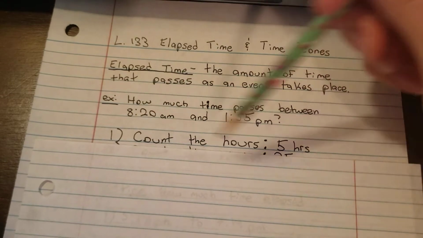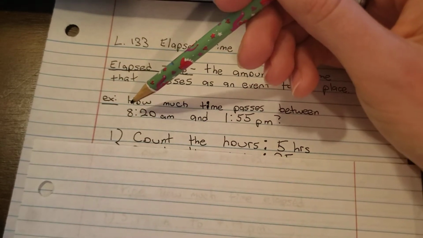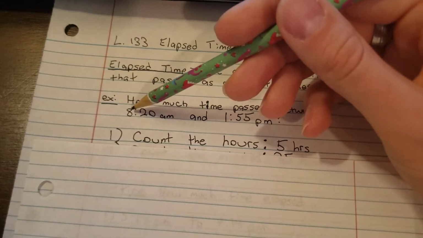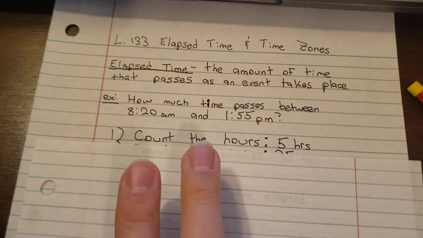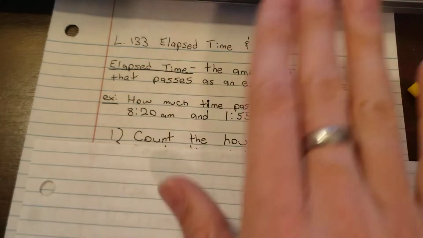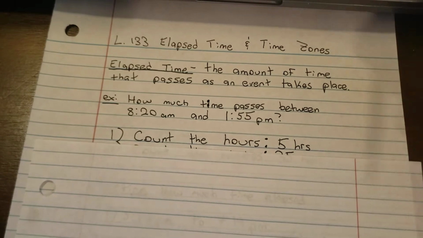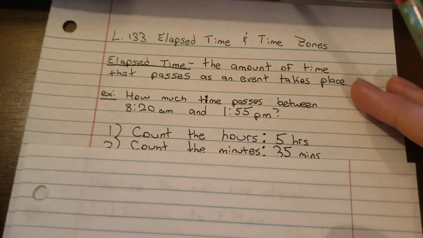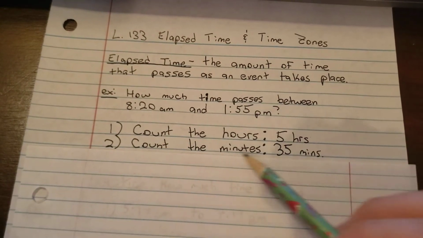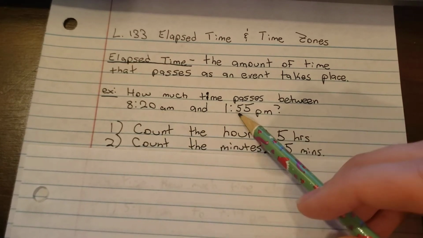So first thing we're going to do is count the hours. Between 8 and 1: 8, 9, 10, 11, 12, 1. Okay, so that's 5 hours. Then we're going to count the minutes between 20 and 55.